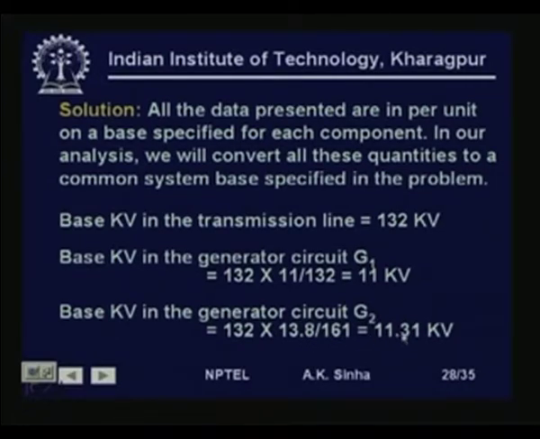This is equal to 11.31 kV. So, base values on two sides of the transformers are to be chosen based on the voltage ratio of the transformer, or the nominal ratio of the transformer, or the turns ratio of the transformer.